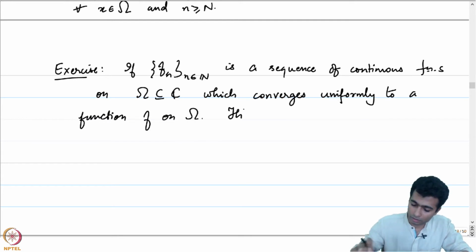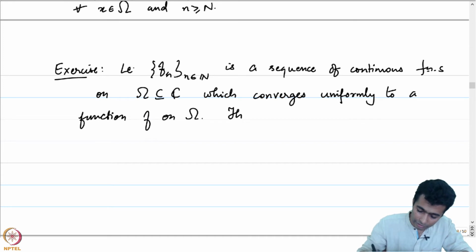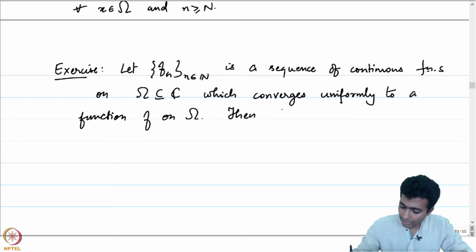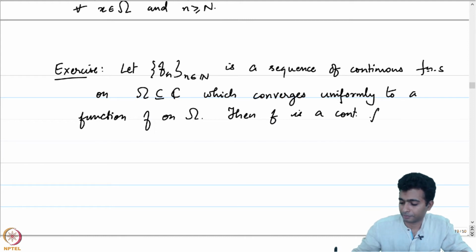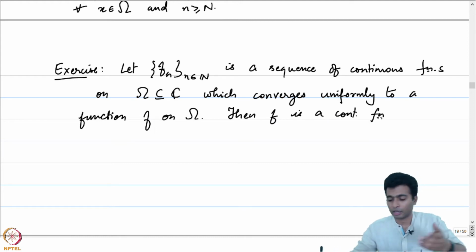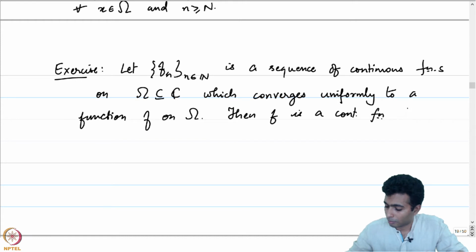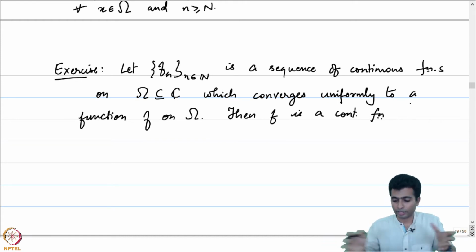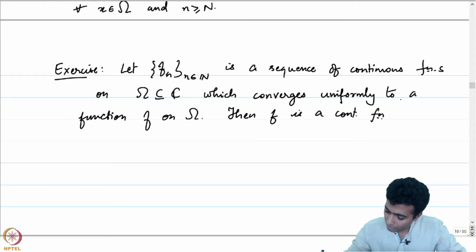Then f is a continuous function on omega. This is that standard argument by using the triangle inequality and splitting it into three terms picked in the right manner.